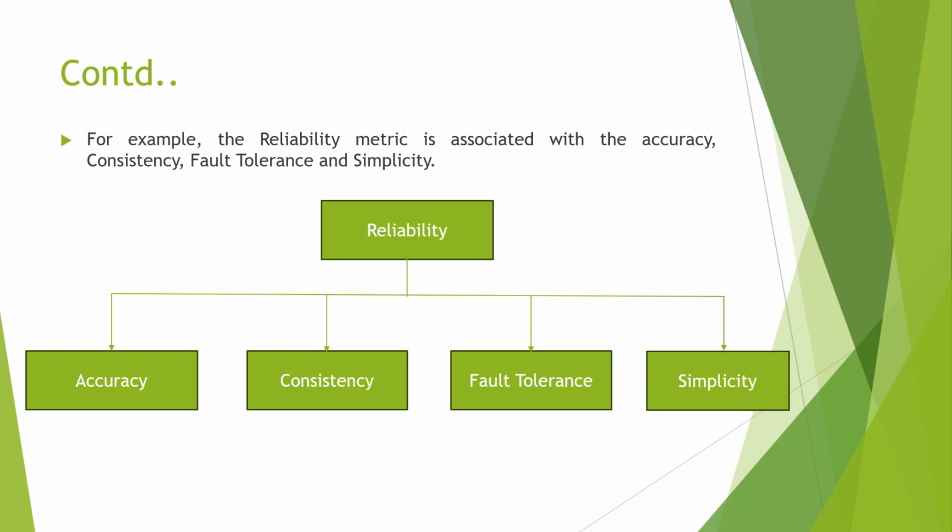And simplicity. So these are all different kinds of parameters associated with the reliability metrics. So the reliability metric can be measured using these parameters. After measuring the reliability, we can map it to the quality factor.